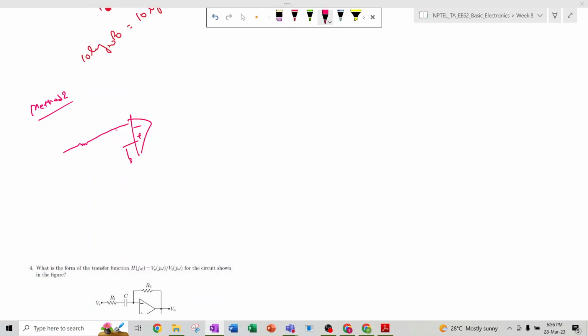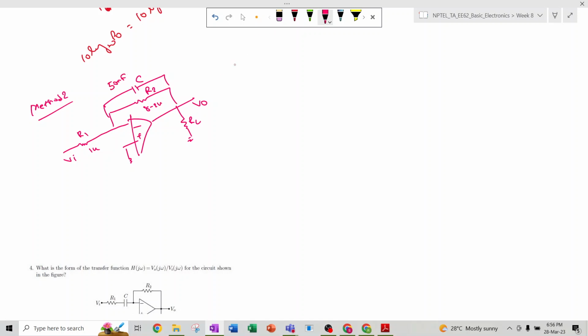This is the C, this is R2, and this is R1, and this is VI, and this is VO, and at the output there is an output resistance which is RL. So how can we do the intuitive analysis? This is 1K, this is 8.2K, and this is 50 nanofarad.